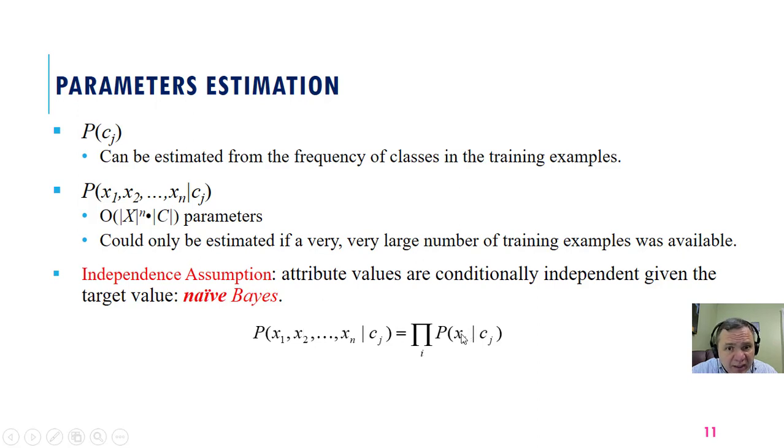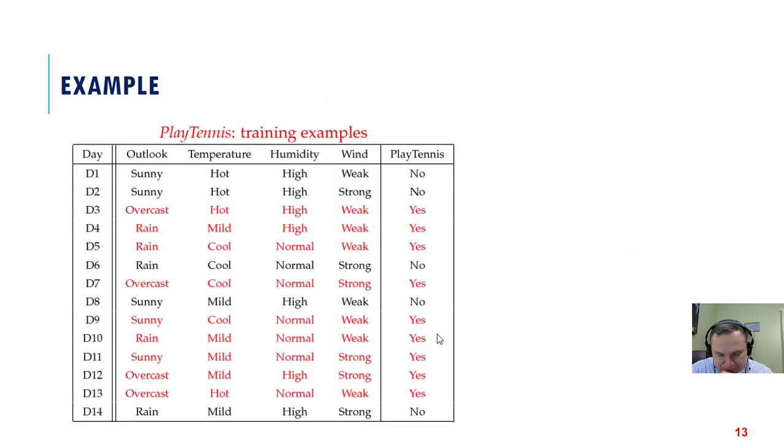With that assumption, we can say that the probability of this whole term is equal to the multiplication of the individual probabilities: x1 given Cj times x2 given Cj times x3 given Cj up to xn given Cj. This is an interesting simplification, and it's very good for reducing the amount of needed data.